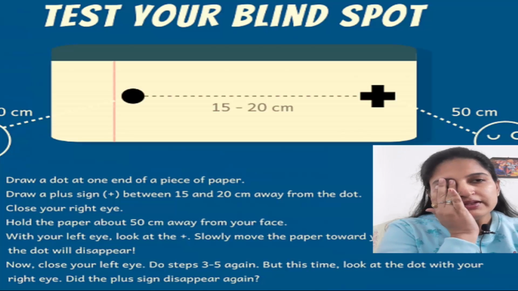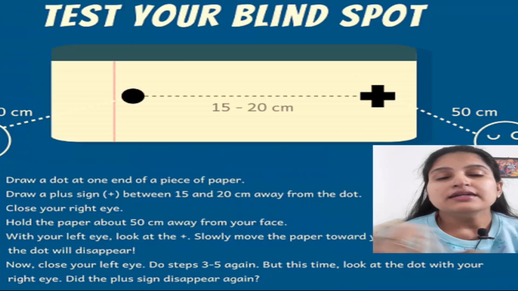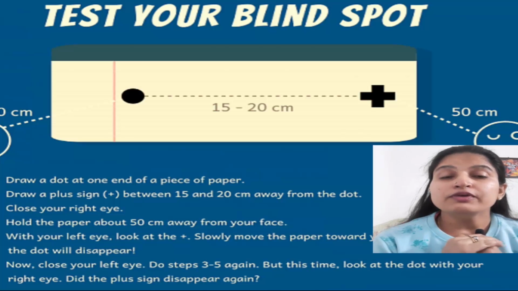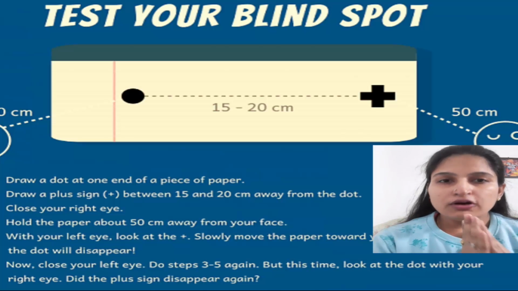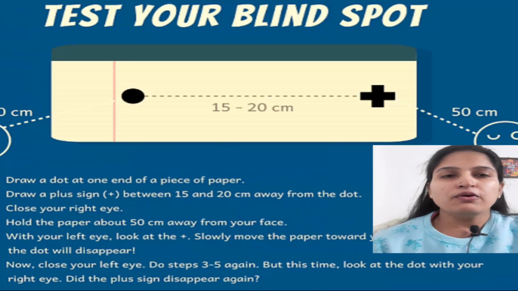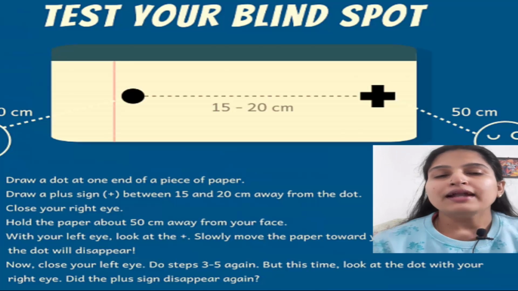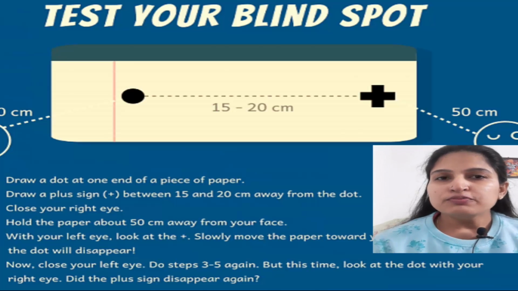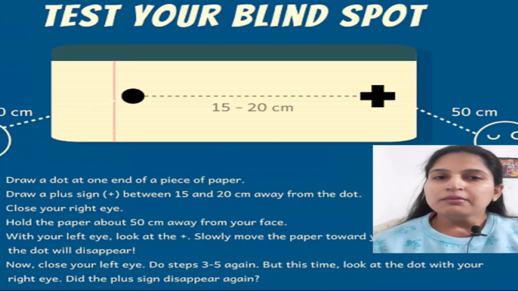Then start moving the paper towards your eyes, and there will come a certain point at which you will not be able to see the dot. So this is the phenomenon of the blind spot, and we are not able to process the images formed at the blind spot because there are no photoreceptors present in our blind spot.